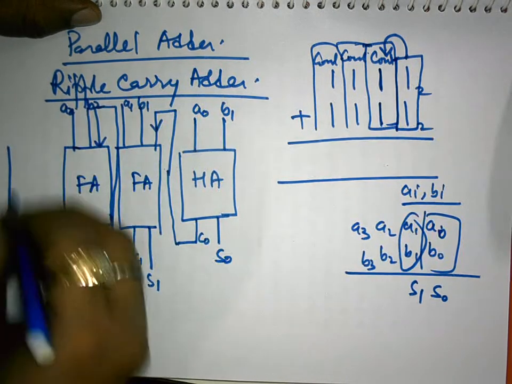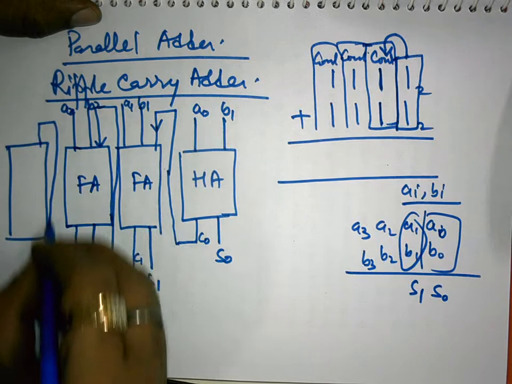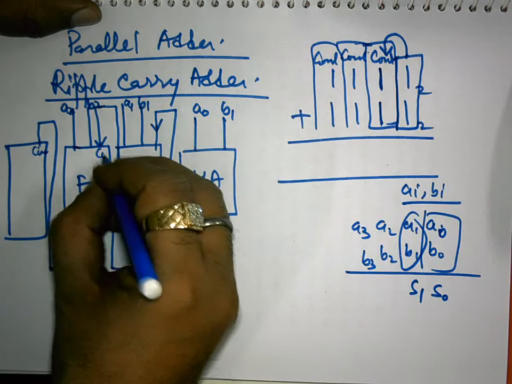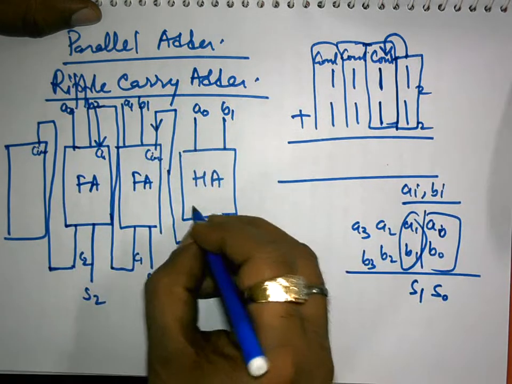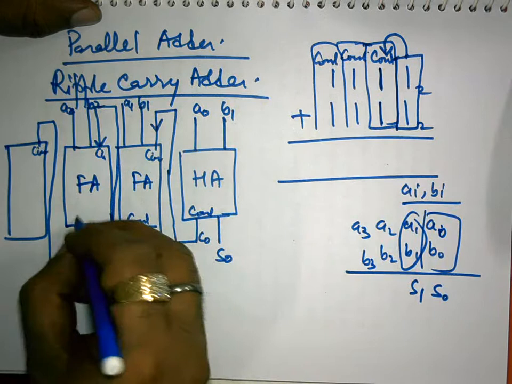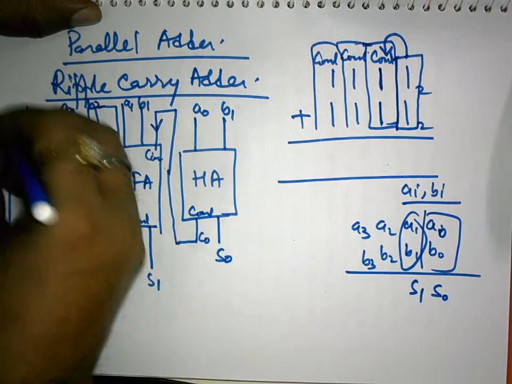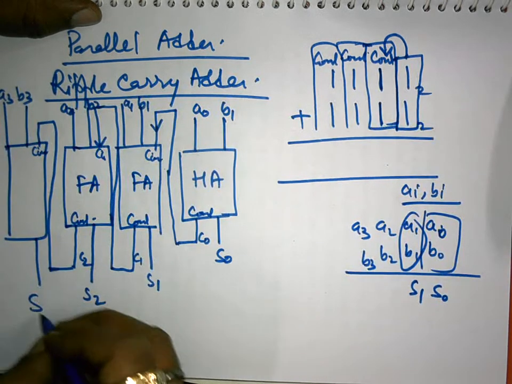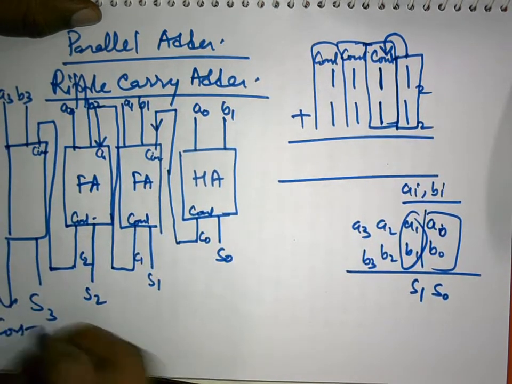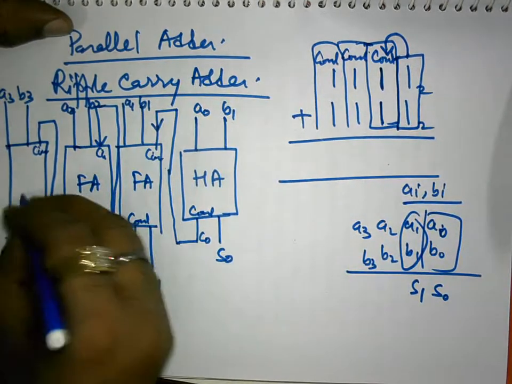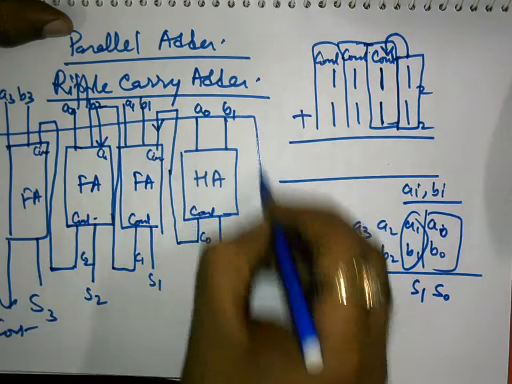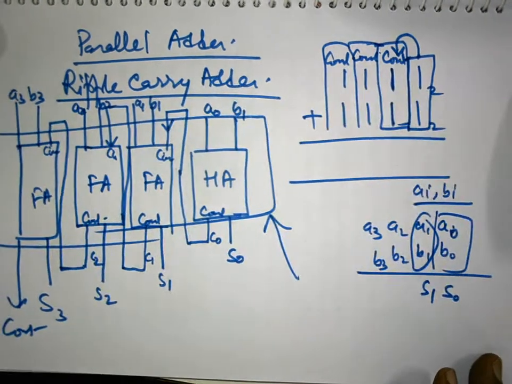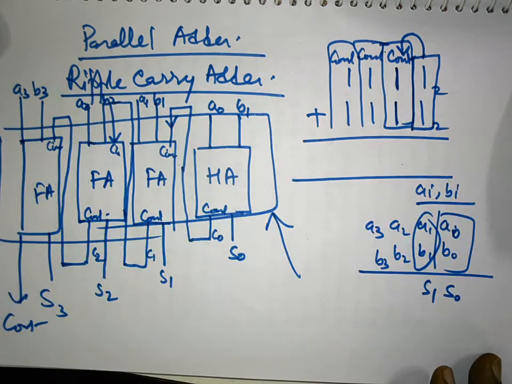And this is further fed to, this is carry in point, this is carry out point, and then here what you are feeding is A3 and B3. You get S3 and a final carry out. This unit is called ripple carry adder or parallel adder. You have to realize it in your laboratory.